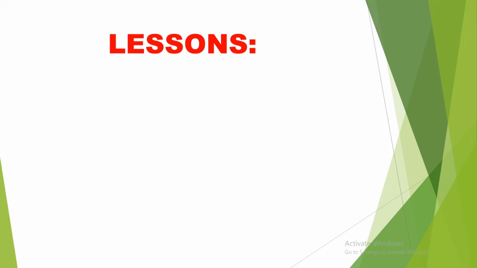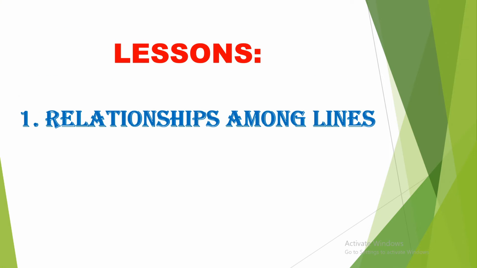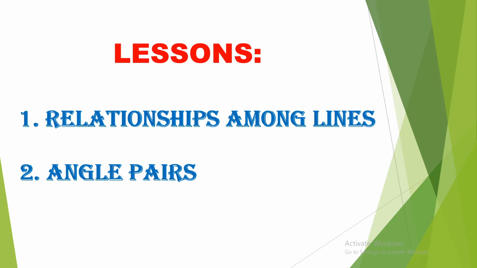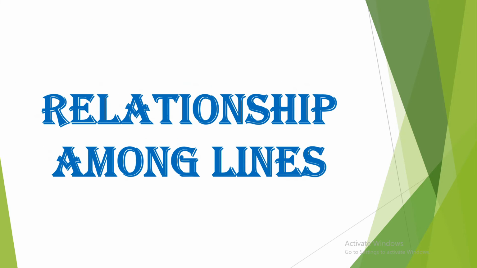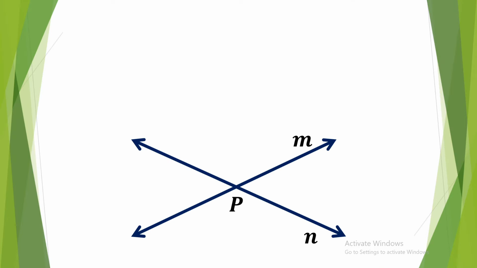Because in this video, we will be having two lessons. First is the relationships among lines, and second, we have the angle pairs. Let's have the first one, relationship among lines. There are three. The first one here is actually similar with that of the first figure on our activity a while back.